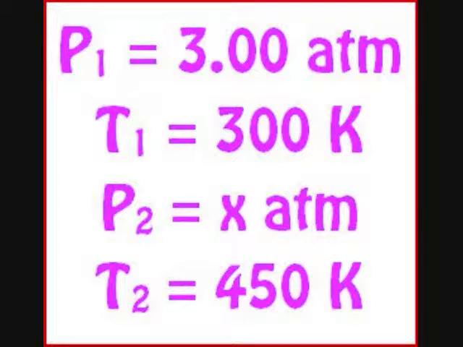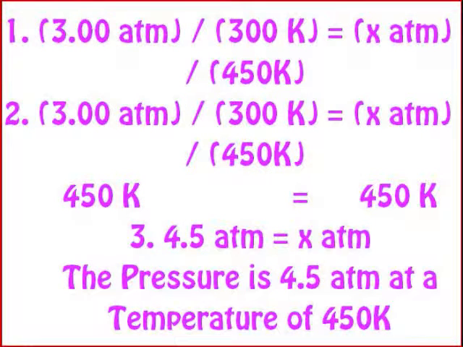The final variables are pressure 2, which is our unknown, and temperature 2, which is 450 Kelvin. Multiply and divide away your variables until you reach 4.5 atmospheres, which is the pressure at a temperature of 450 Kelvin.